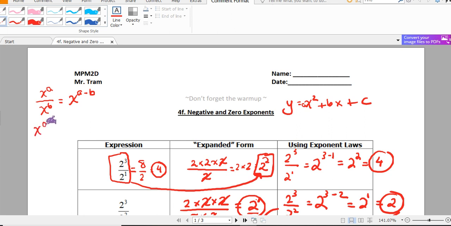So let's say we had x to the exponent a times x to the exponent b. That would be equivalent to x to the exponent a plus b. Okay? So it's very similar to when we divide two variables with the exact same base, we subtract the exponents. Whereas if we multiply with the exact same base, we add the exponents.